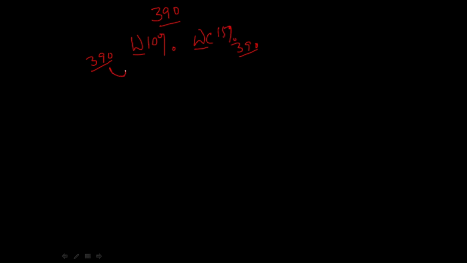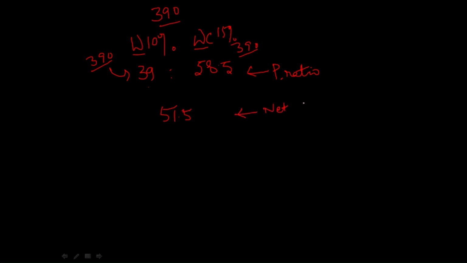So 10% of 390 is 39, and 15% of 390 is 58.5, right? So this is the ratio of the profit, and the net profit is 51.5.